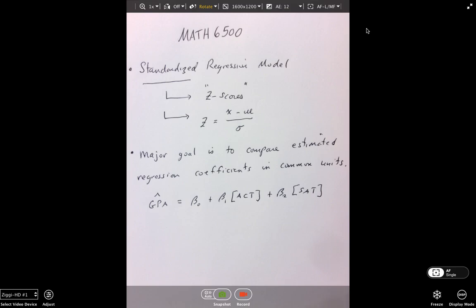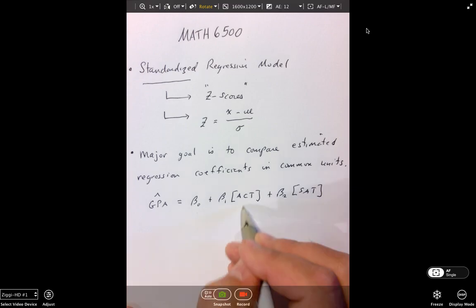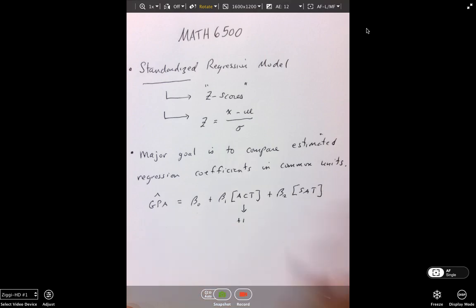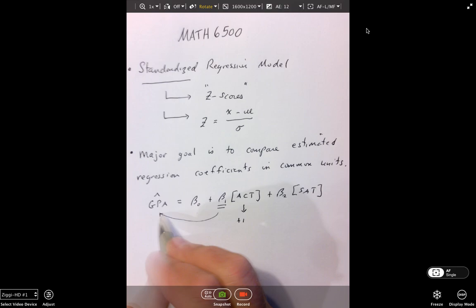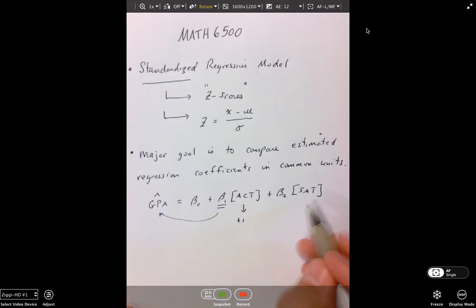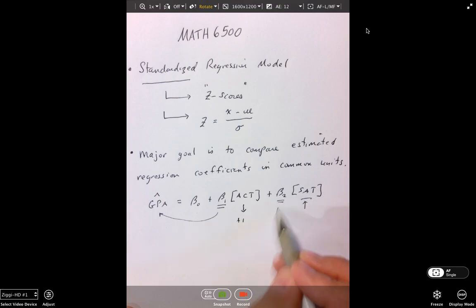We would say controlling for the other variables in the model, which in this way would be either ACT or SAT, if we increase ACT by 1 unit, whatever the beta 1 is would be the predicted increase in GPA. Let's say we were just focusing on SAT, we would say controlling for ACT, as we increase SAT 1 unit, our beta 2 would be the predicted increase or decrease, if it was positive or negative, in GPA.